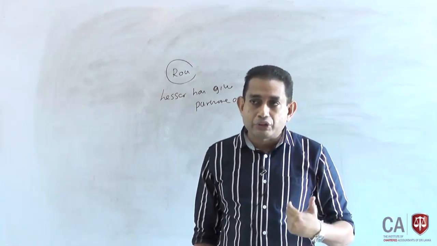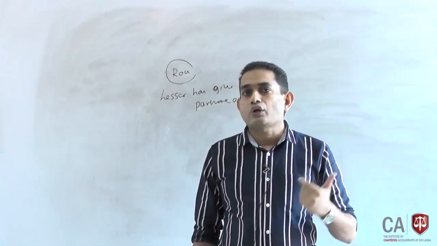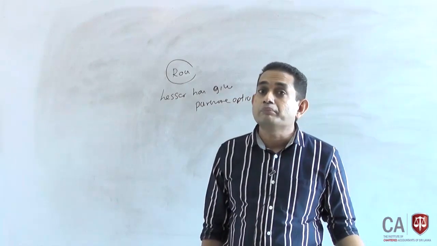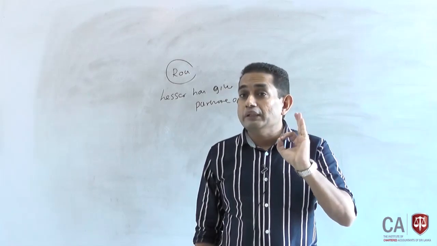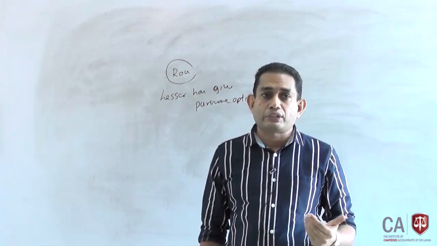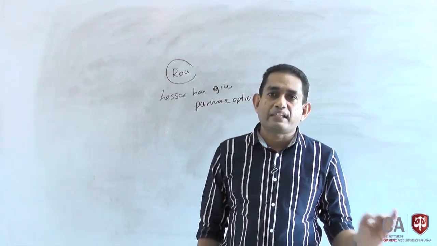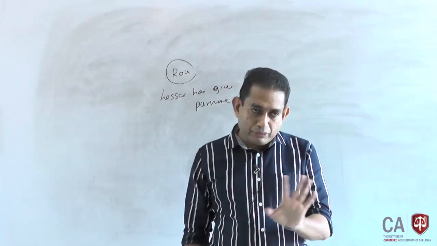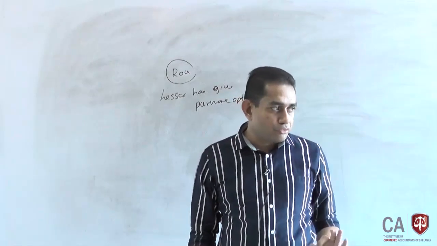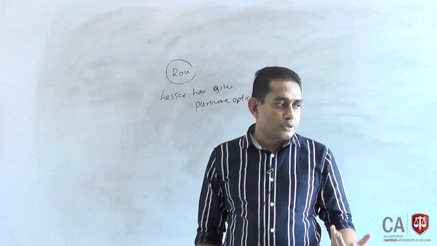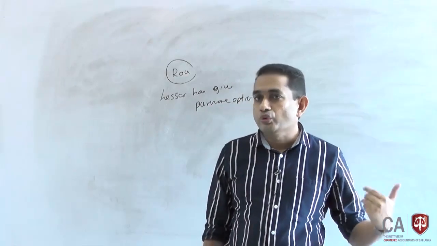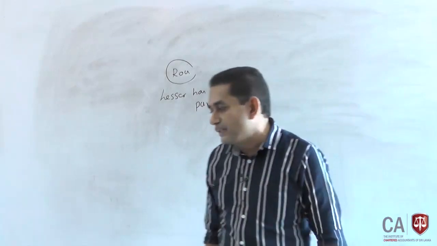In other words, where there is a purchase option to buy the asset under the lease term, you inevitably should recognize the right of use asset plus the lease liability. So, in questions, you need to find whether a purchase option has been granted. If it is granted, whether you like it or not, you should recognize the right of use asset and the lease liability.